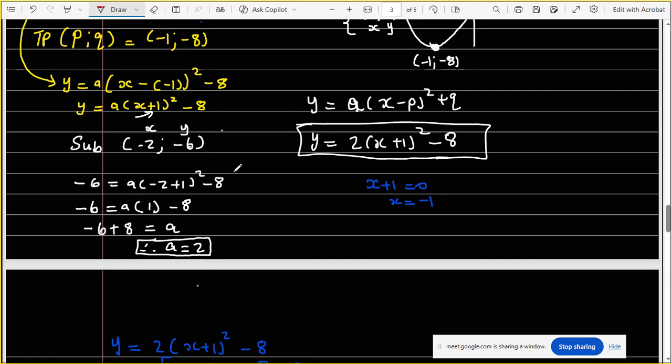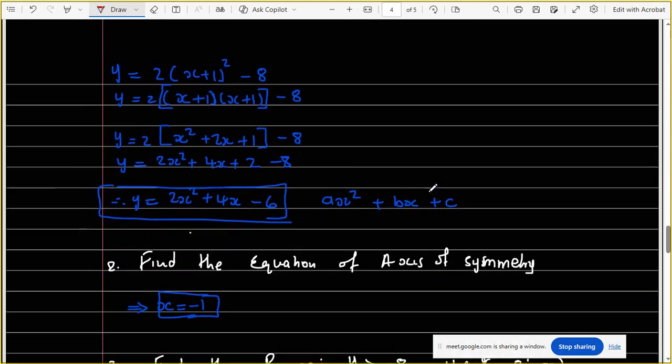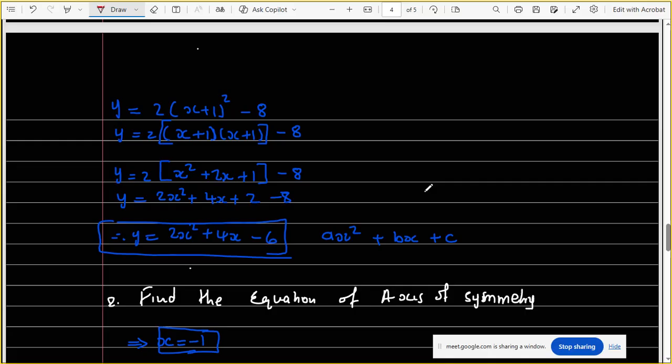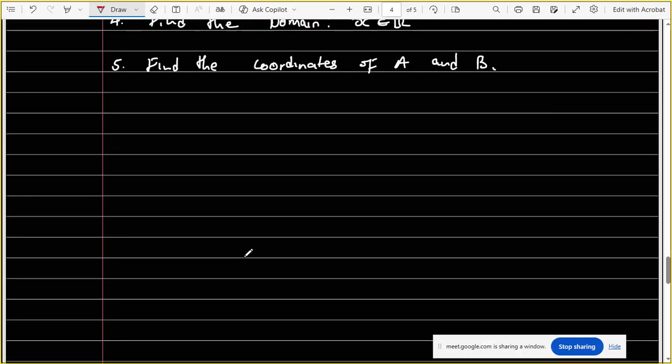So now, look at this. I don't want to waste time. Already, we know that if this equation is given in this form, we can write it in that form. Y is 2x squared plus 4x minus 6. I've already showed you how to put it in standard form, so I'm just going to start from that point.